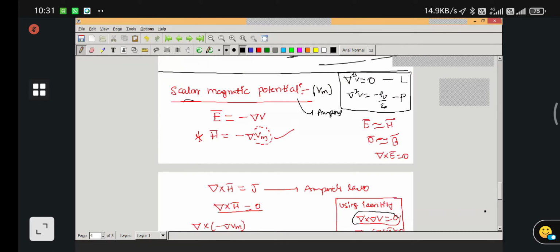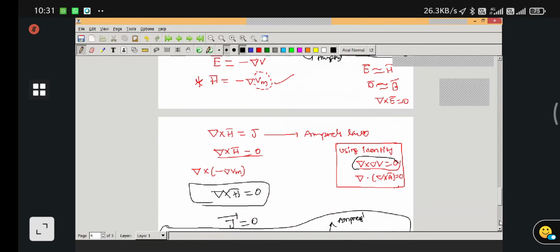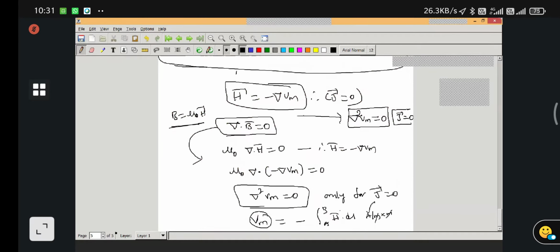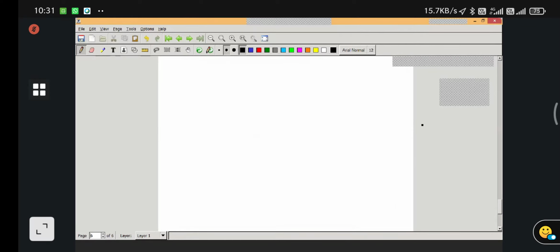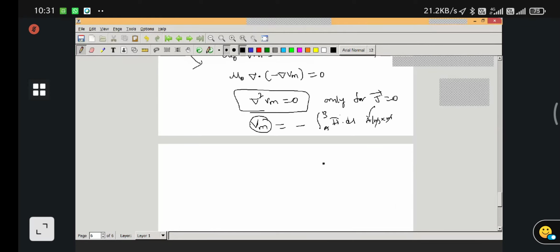Okay, just keep it in mind. Ampere. Next, vector magnetic potential.